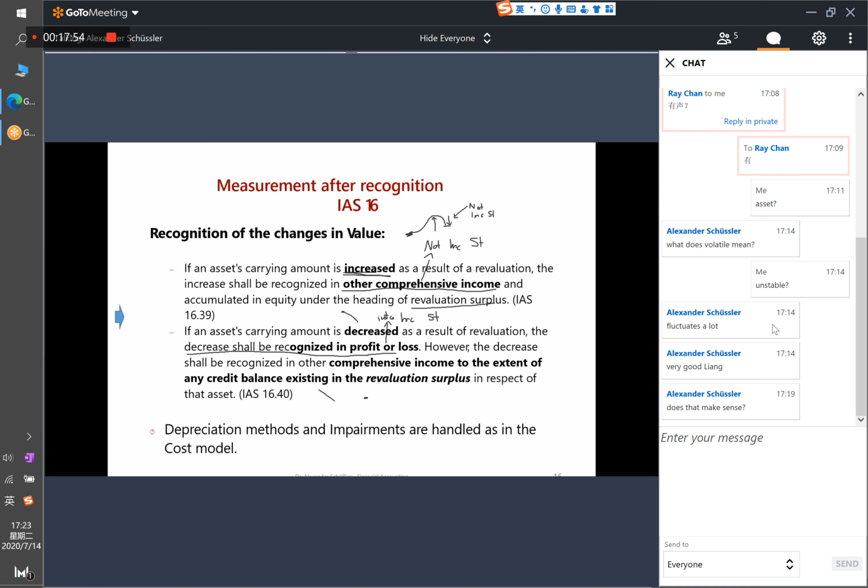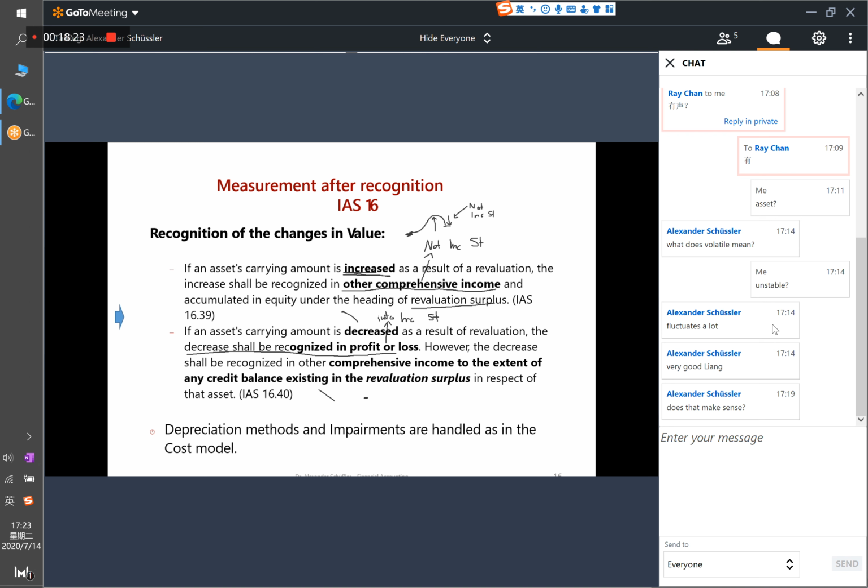And when we're talking about the revaluation model, we have to be aware that increases above the book value are shown in other comprehensive income and not in net income.